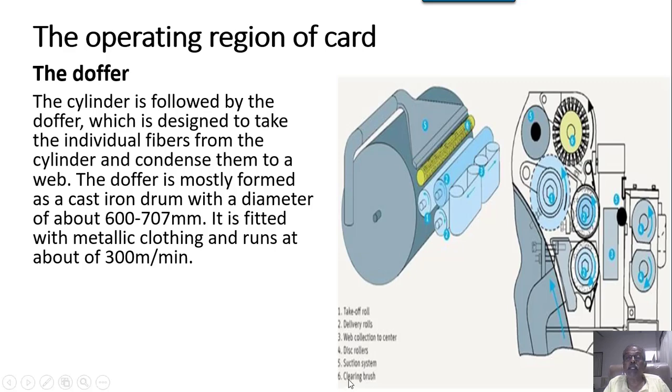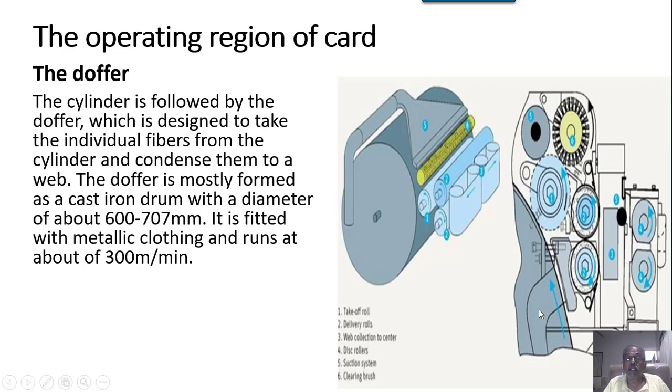Number 6 is the cleaning brush. Number 5 is the suction system, for any waste that is gathered above the doffer. This is the cleaning brush, this is the takeoff roller, this is the delivery roller, and this is the web collection center.